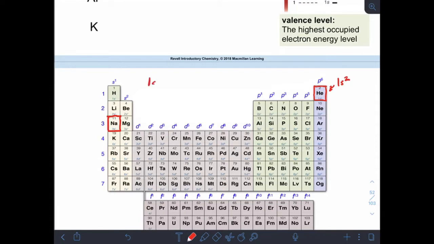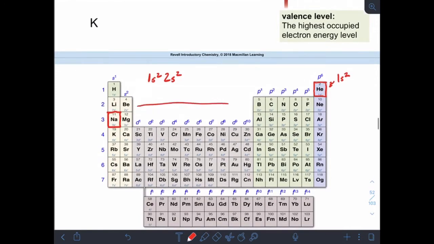When I hit an s2, I list it. Now I go to row 2. Lithium's 2s1, beryllium's 2s2. So when I get to an s2, I list it. And then I continue along left to right, and we get to 2p1 with boron, and we go all the way over to 2p6.